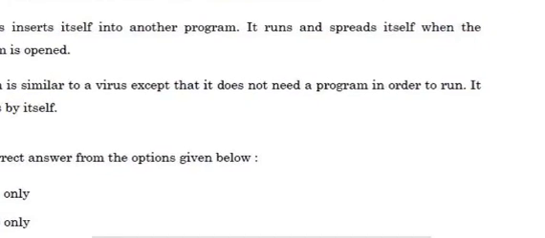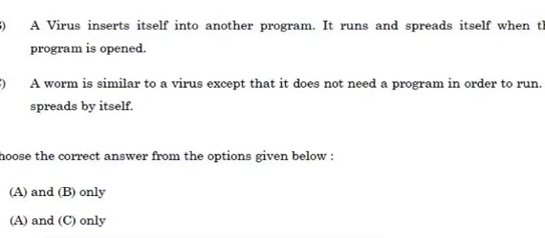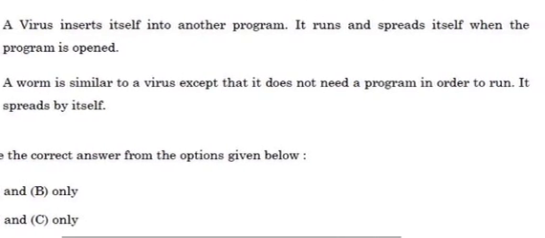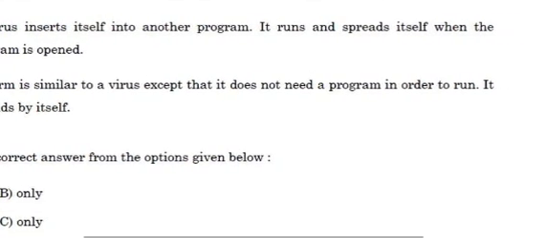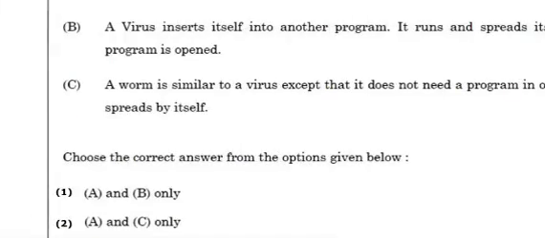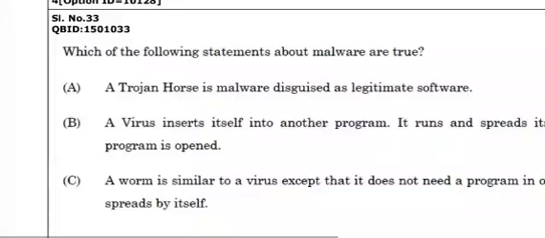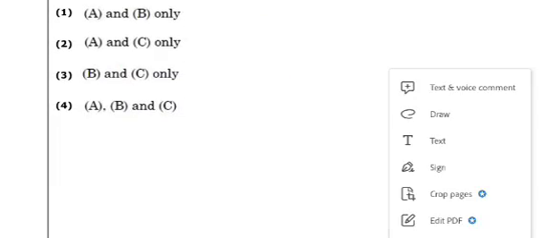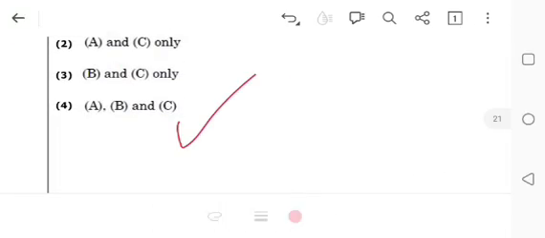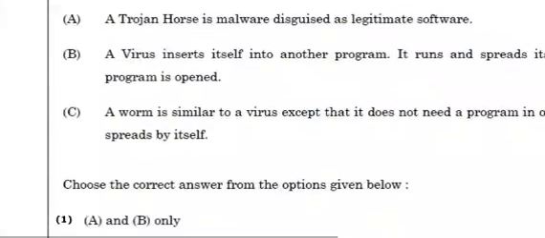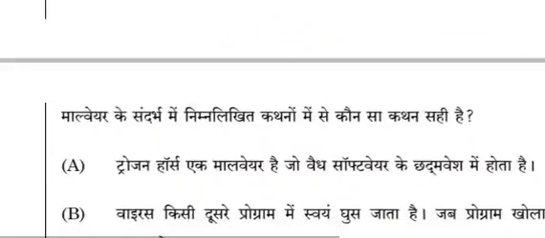It runs and spreads itself when the program is opened. C, a worm is similar to a virus except that it does not need a program in order to run. It spreads by itself. So these are the options for question number 33. The correct option will be A, B and C. These 3 are correct.